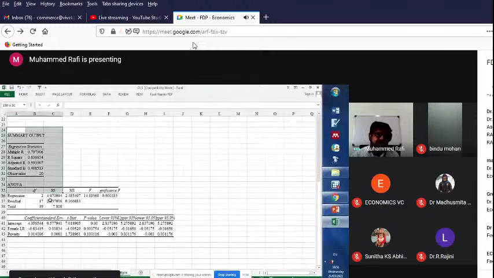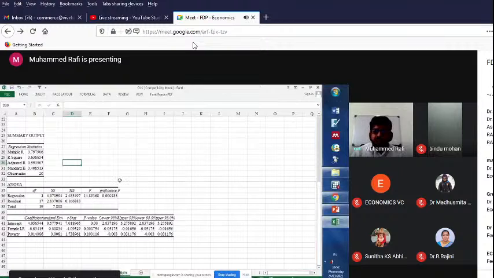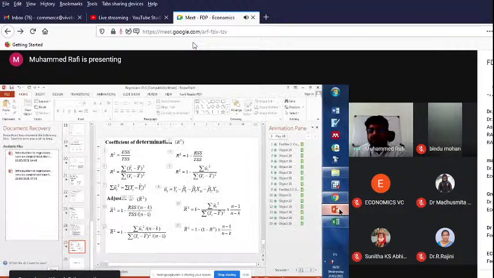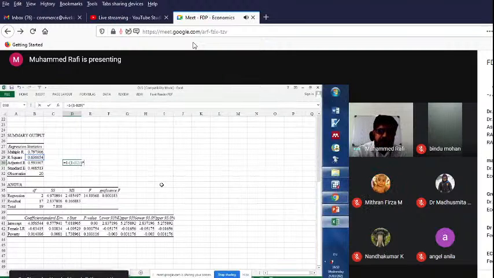So in the first case, where we have two independent variables, you can calculate this as 1 minus R square. You have the R square value multiplied by n minus 1 divided by n minus k. N here is 20. We have data from 20 states. So n minus 1 is 19 divided by n minus k.